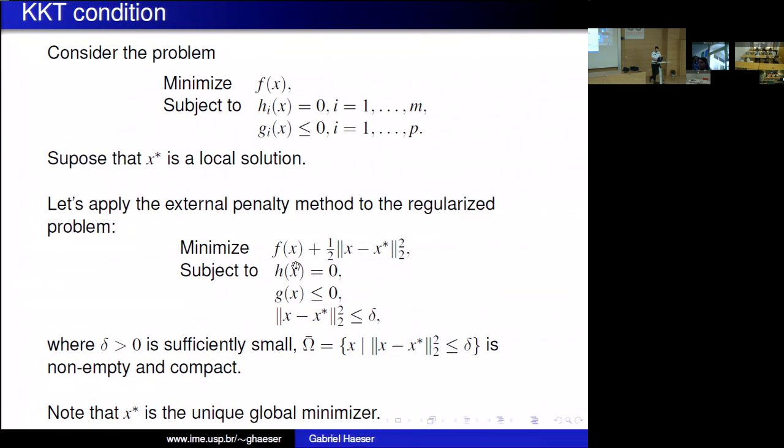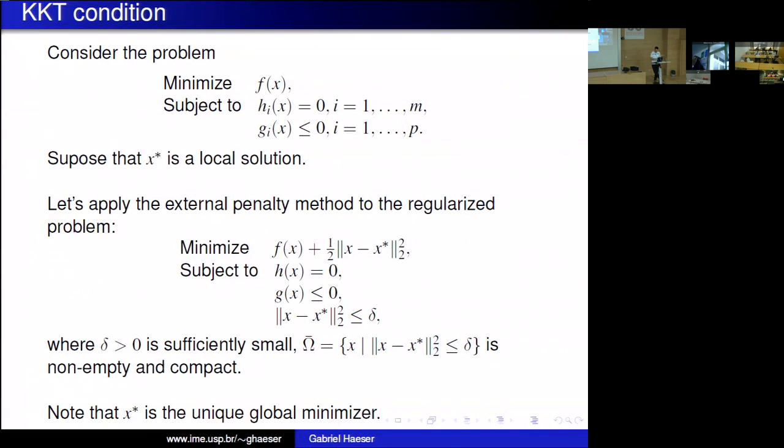Okay, for every feasible point now, the value of the objective function must be smaller in x star than in any other feasible point, because I constrained the problem to only see this neighborhood where x star was a local solution. Okay, so if I simply added this constraint, I would have x star is one global minimizer of this problem. But I wouldn't be able to show that it was a unique global minimizer.